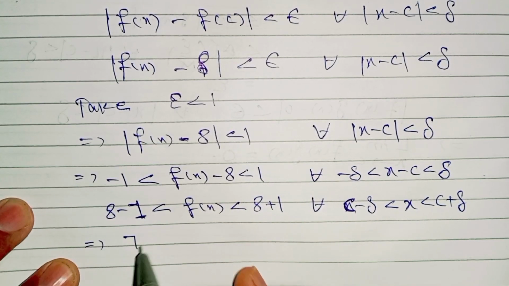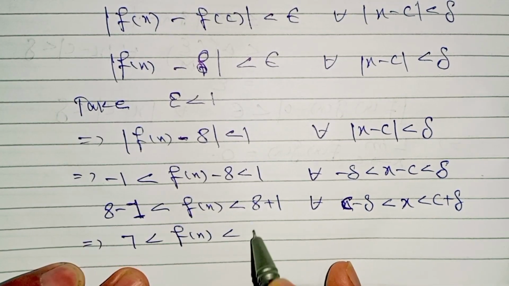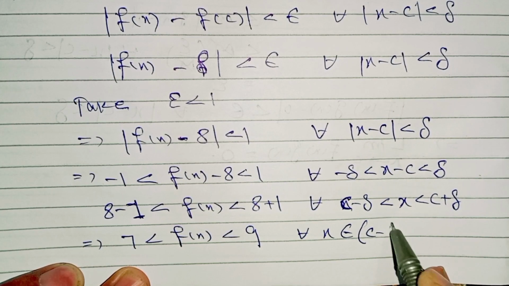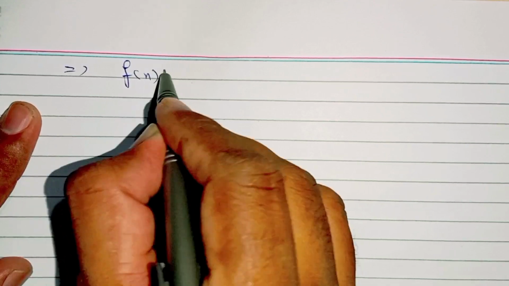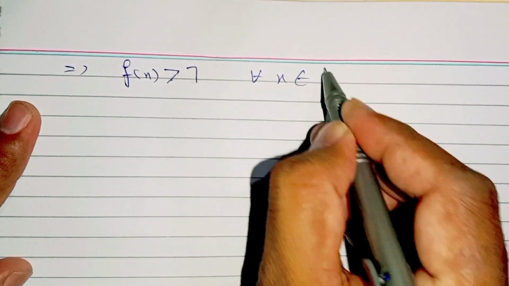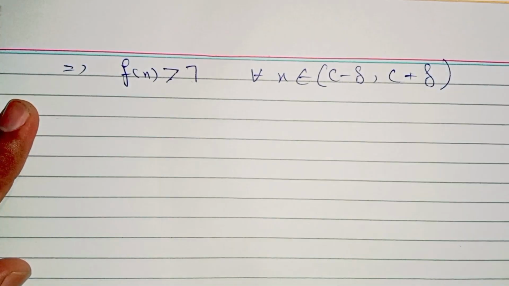This implies that 7 is less than f(x) is less than 9 for all x belongs to (c - delta, c + delta). This implies that f(x) is greater than 7 for all x belongs to (c - delta, c + delta).